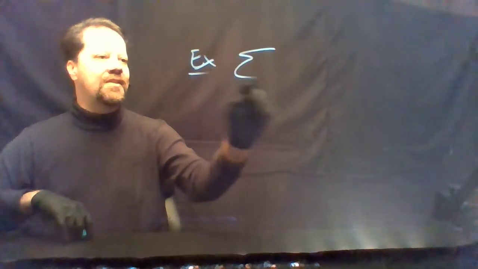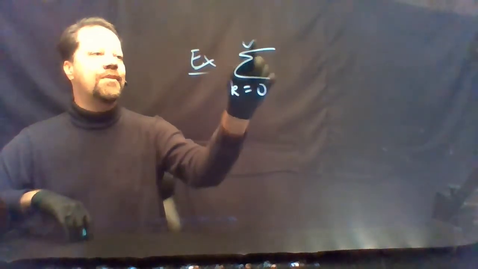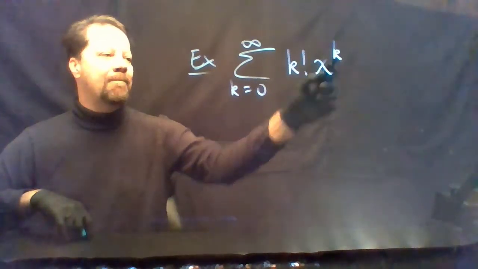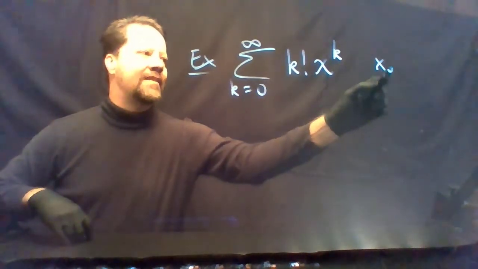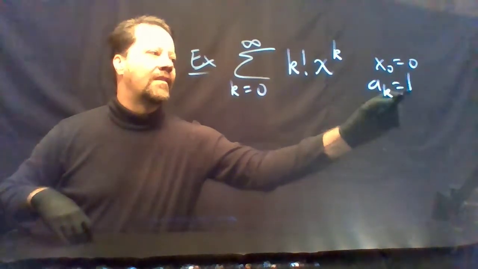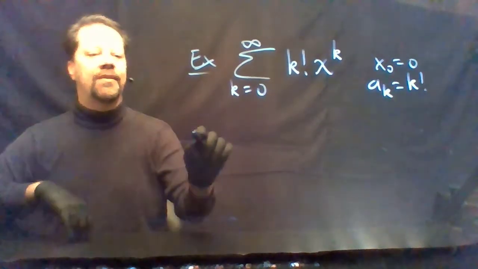If the series is the sum, as k goes from 0 to infinity, of k factorial x to the k, again, the center is 0. The coefficients in this case are k factorial.